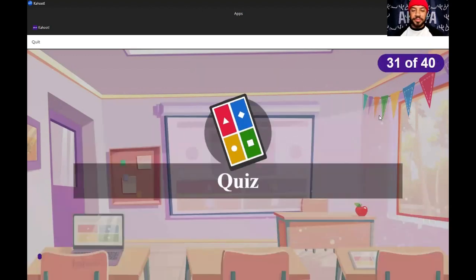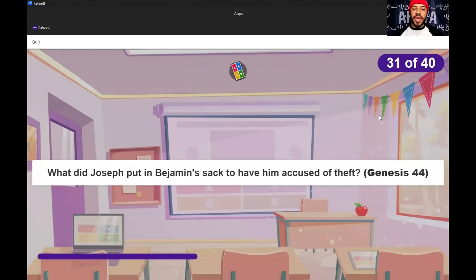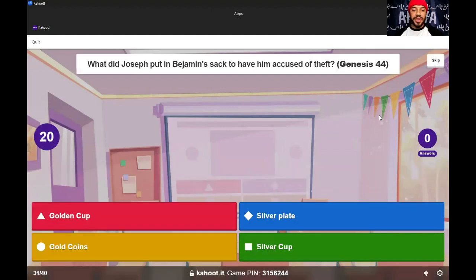Question 31. What did Joseph put in Benjamin's sack to have him accused of theft? A golden cup, red. Silver plate, blue. Gold coins, yellow. A silver cup, green. What did he put in Benjamin's sack to have him accused of larceny?